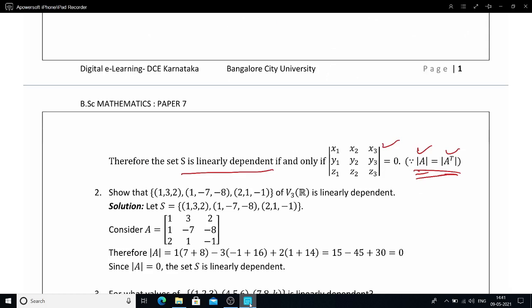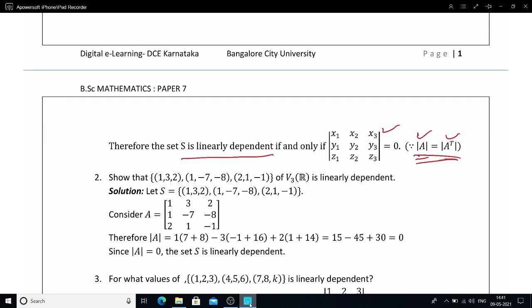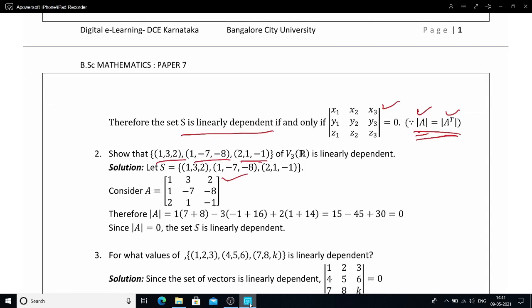Let us take an example. We denote each vector as a row of a matrix: first vector as first row of the matrix, second vector as second row, and third vector as third row.